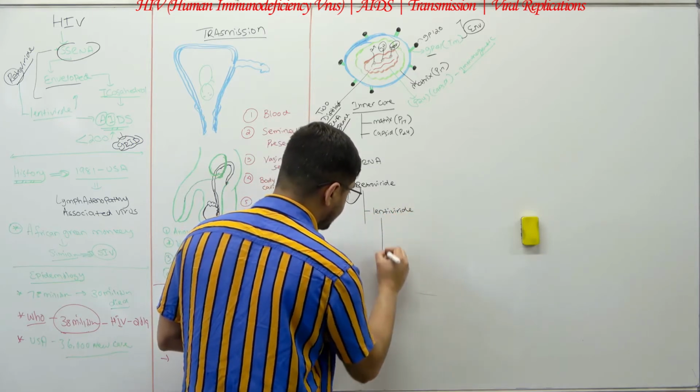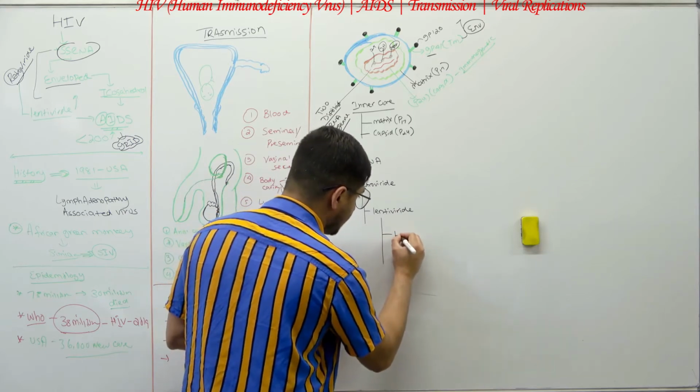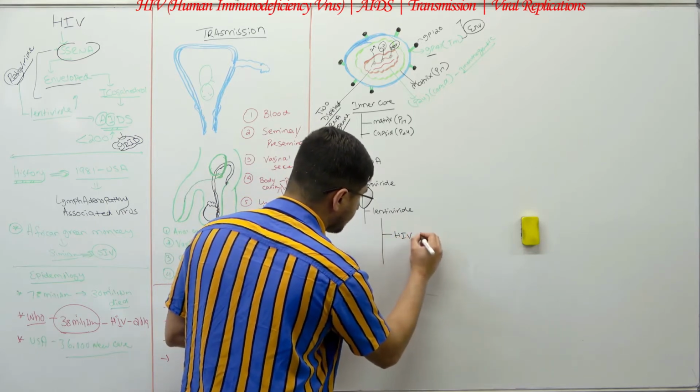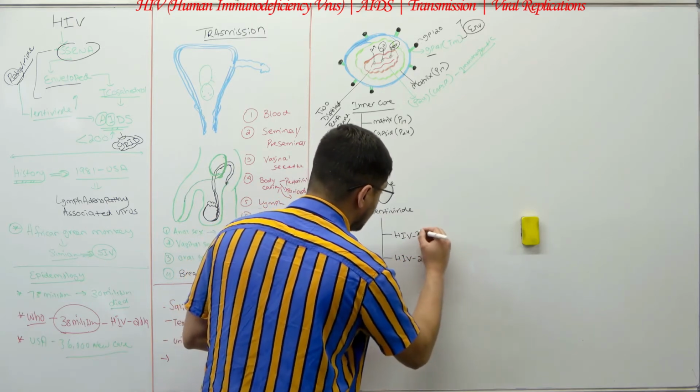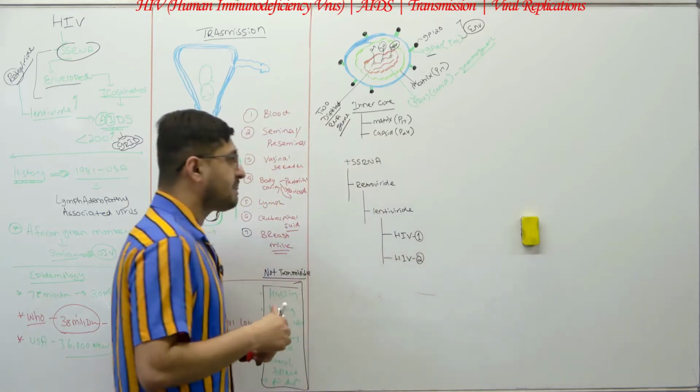Now, in the Lentiviridae, you have two types of HIV: HIV-1 and HIV-2. What is the whole concept of HIV-1 and HIV-2? You need to remember this.